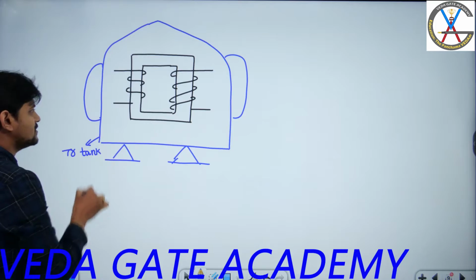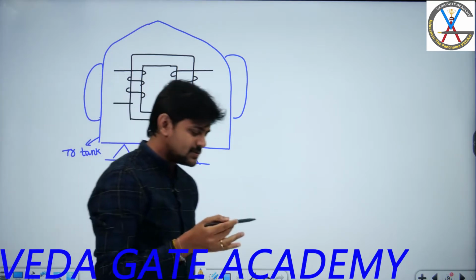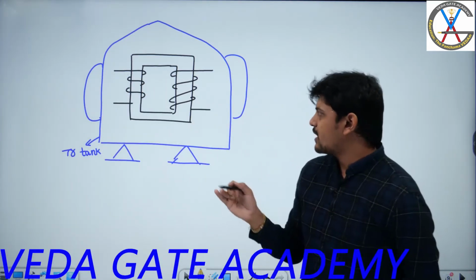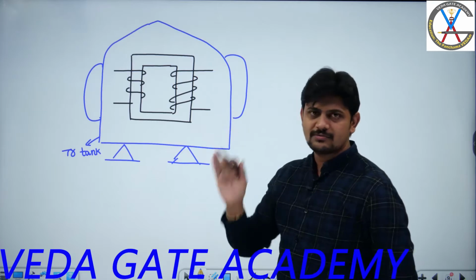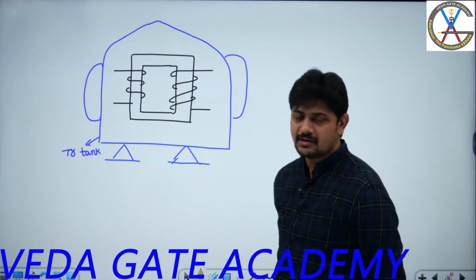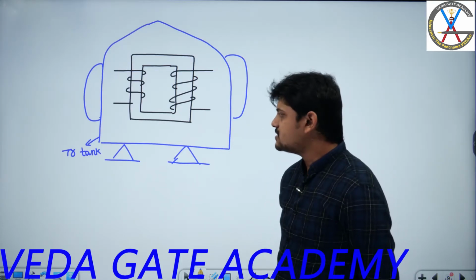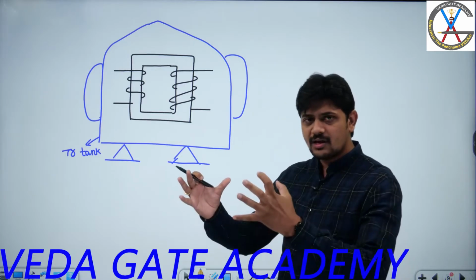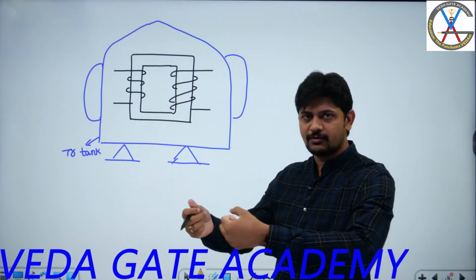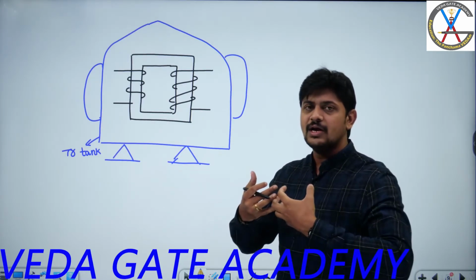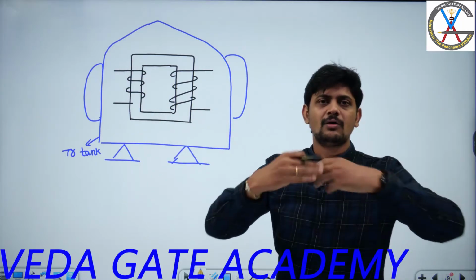What is the general purpose of the transformer tank? The first purpose is that it acts as mechanical protection for all the metallic parts present inside the transformer. The second purpose is that it acts as a coolant. That means whatever heat is produced inside the transformer, the tank will absorb and dissipate to the outside world.